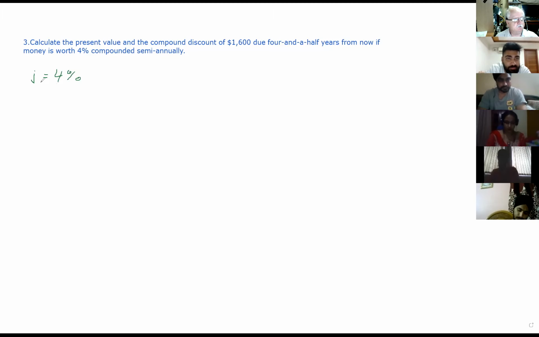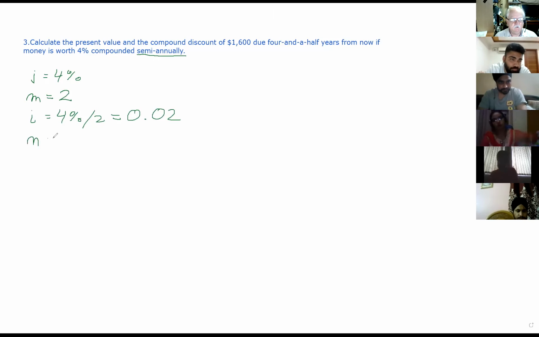The number of compounding periods per year, M, it's semi-annual, so this must be 2. The periodic interest rate, I, we have to combine these two. 4% divided by 2, and we're going to use the decimal here, gives us 0.02.